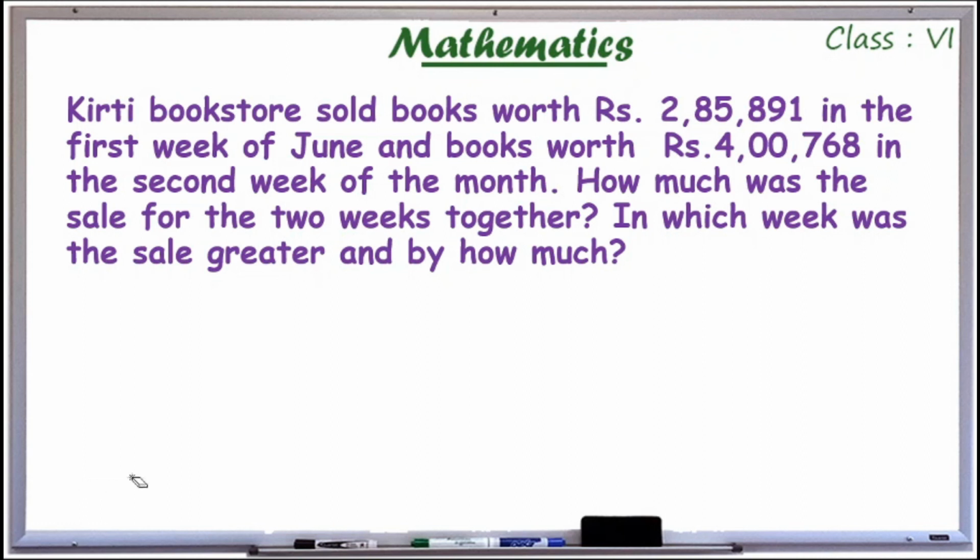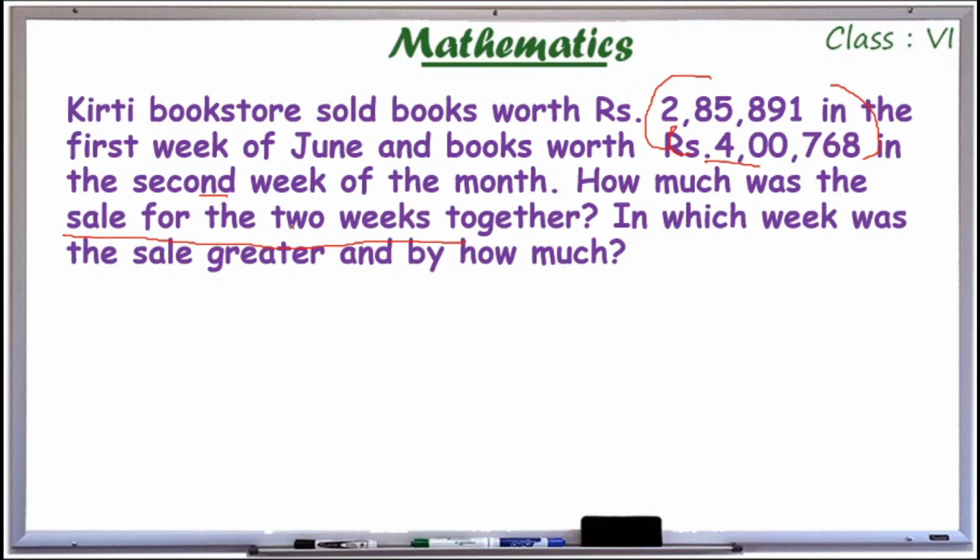So first you have to find the sale for 2 weeks together, which means you have to add these two numbers. In which week is the sale greater? Of course the sale is greater for the second week. And by how much? Which means you have to find the difference between these numbers.